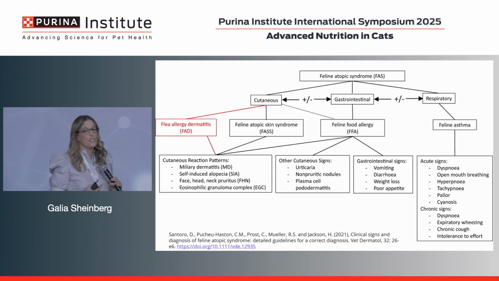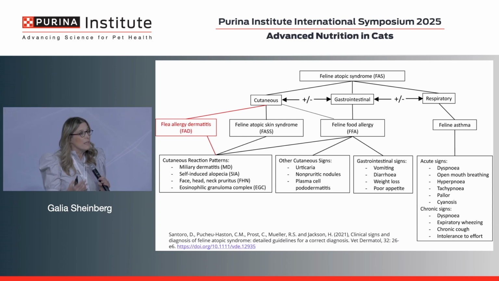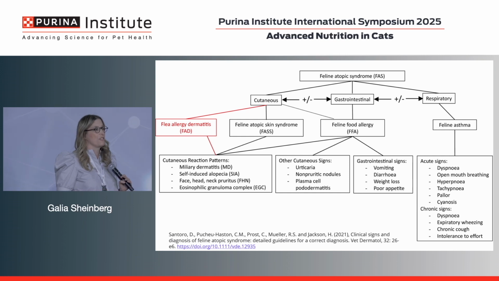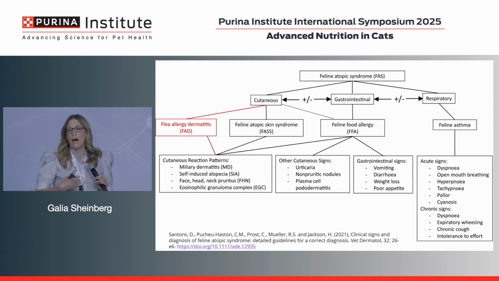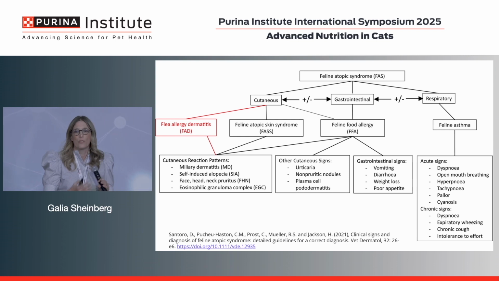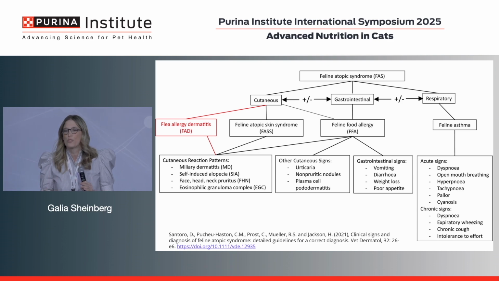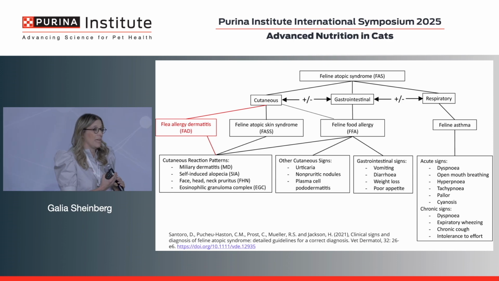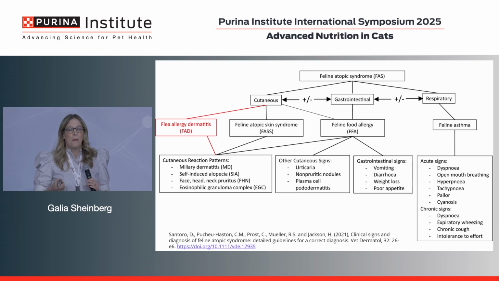Obviously, as dermatologists, we tend not to focus on respiratory problems, but within the consult, we do want to ask questions regarding any problems that they're having regarding wheezing or coughing or sneezing, because we are not seeing just the skin of the cat. We're trying to do really a holistic approach when we approach clients, in a very integral manner. So I really like this chart, and people love it when we explain this to them.